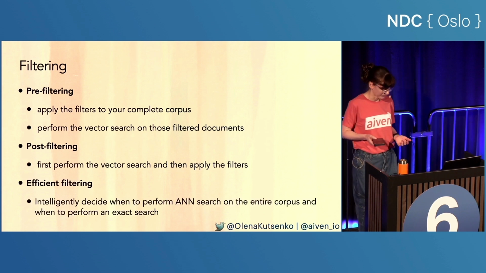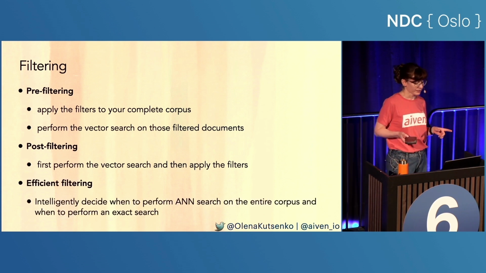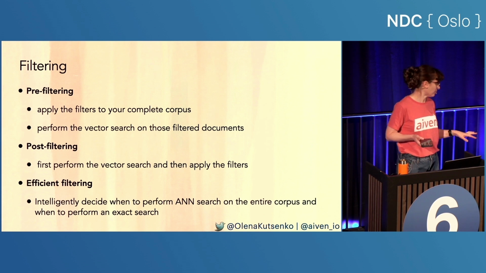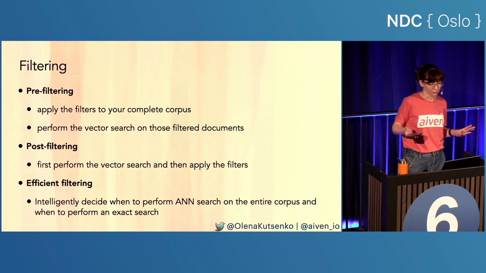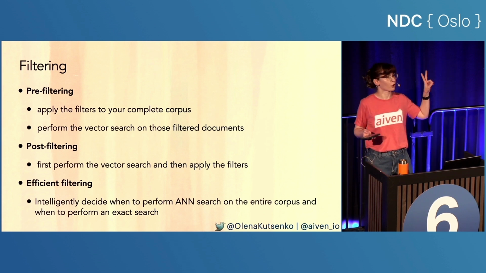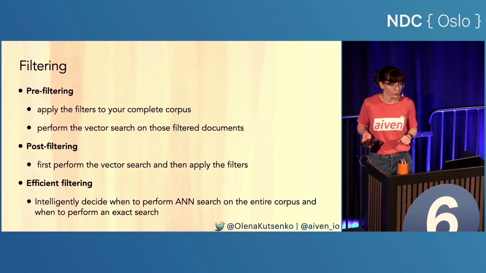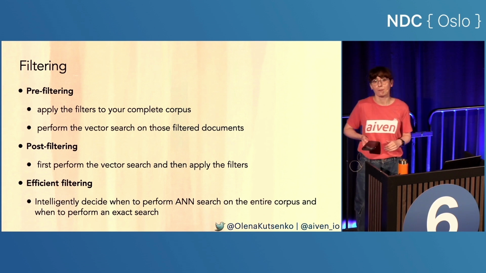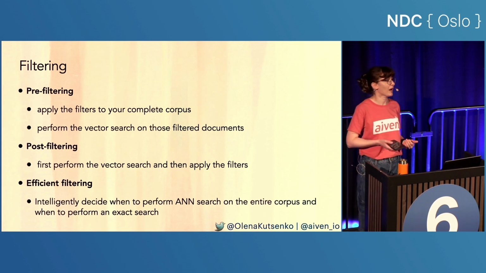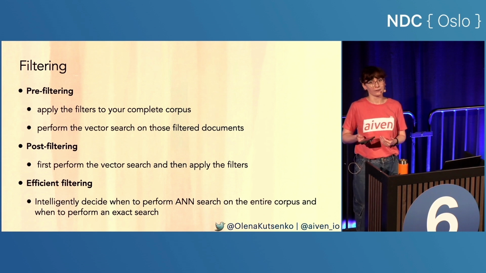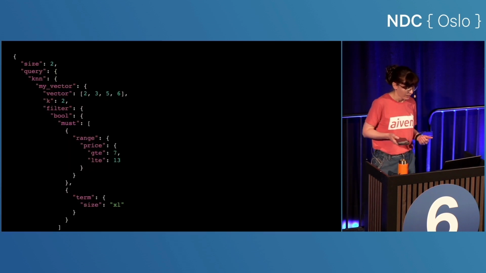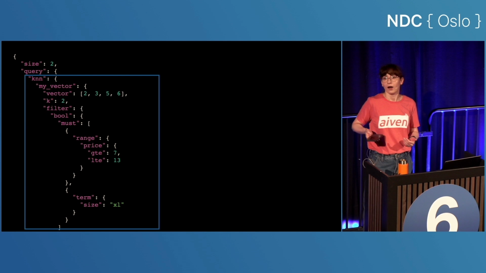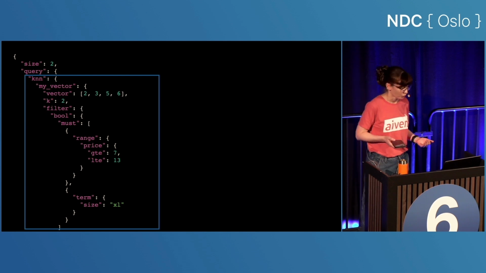The third alternative, which I know exists in OpenSearch, and I think is becoming interesting in other solutions, is what OpenSearch calls efficient filtering. This is where you give that power to OpenSearch to decide how to combine a filter, and let me show you an example of how to combine a filtering with the vector search.